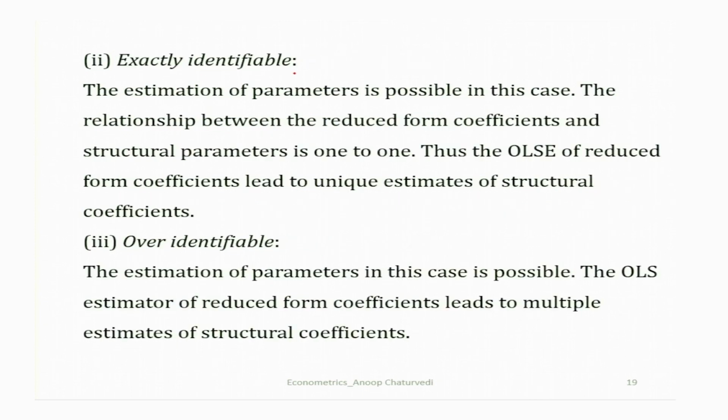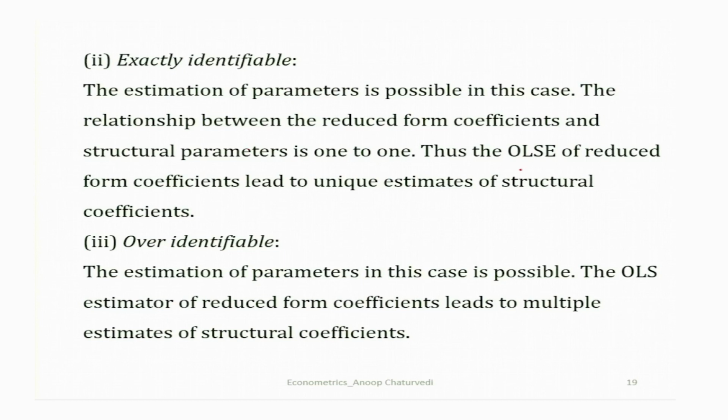In exactly identified case, the estimation of parameters is possible. The relationship between the reduced form coefficients and the structural parameters is 1:1. So, there is a 1:1 relationship between reduced form coefficients and the structural parameters, and you can solve the structural parameters in terms of the reduced form coefficients, and the solutions are unique also.